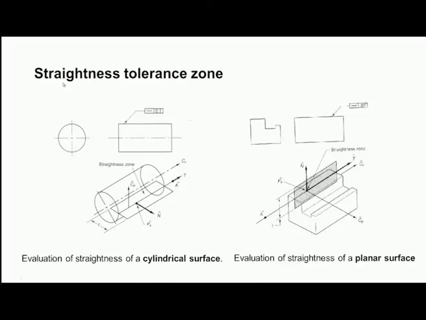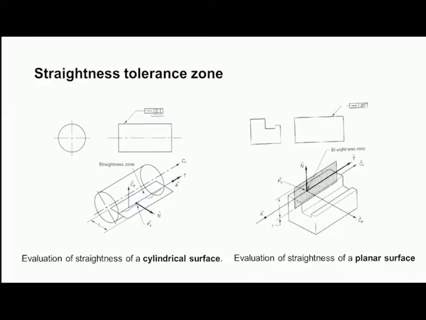Now, we should understand what is the meaning of the straightness tolerance zone. You can see here we have a cylindrical object, and on this surface the straightness tolerance is given, it is 0.1 millimeter. So, what is the meaning of this? Now, we have this cylinder and we take one generator.